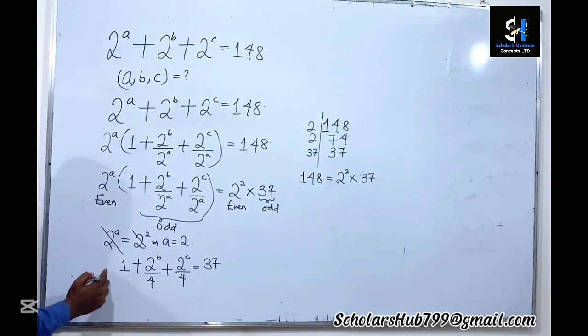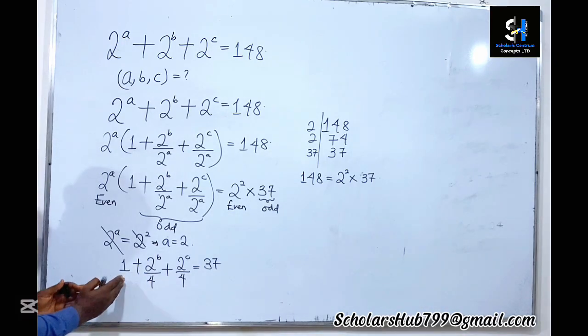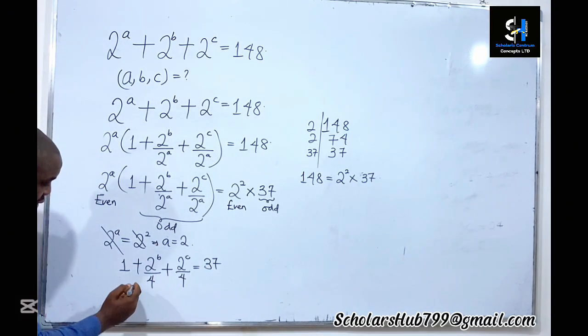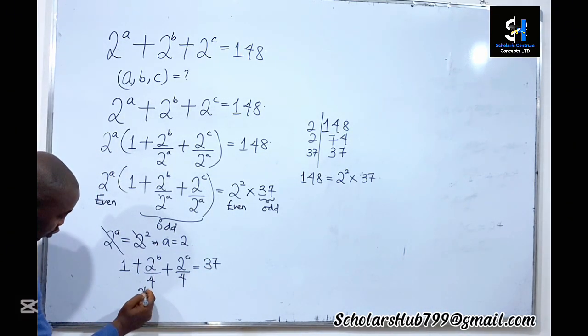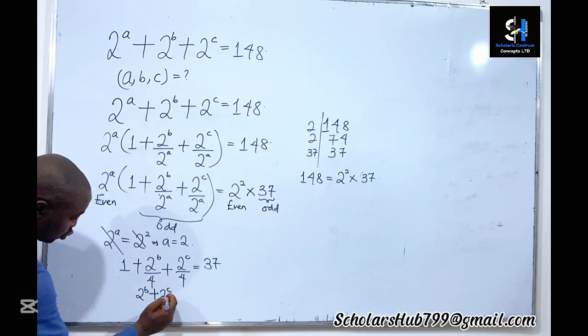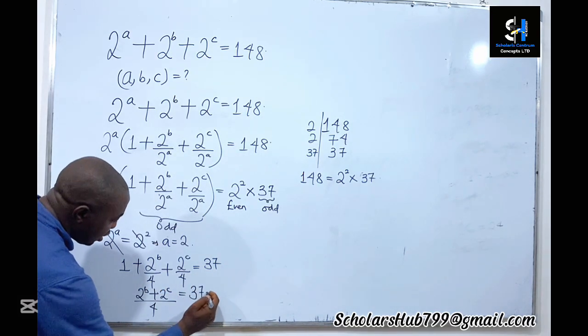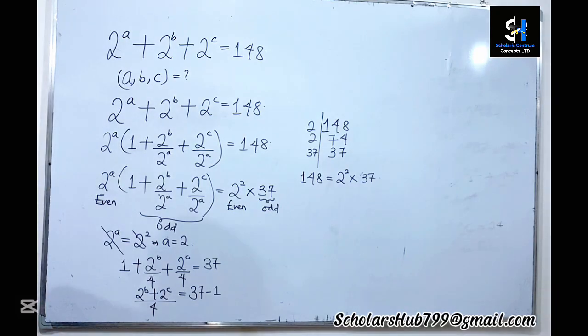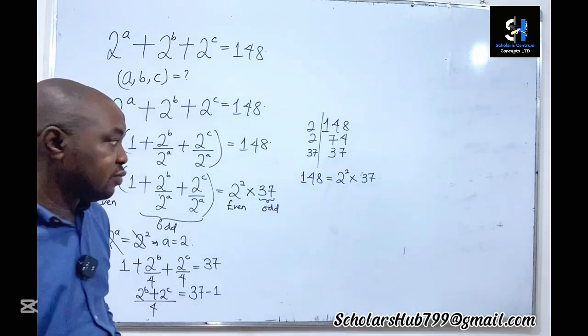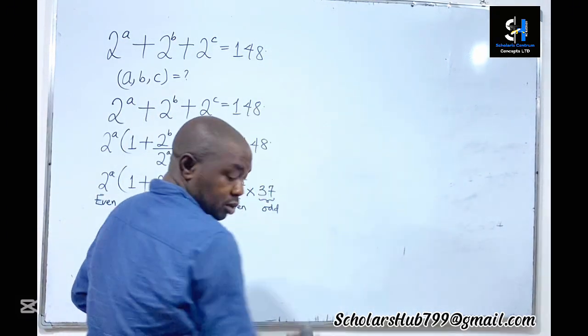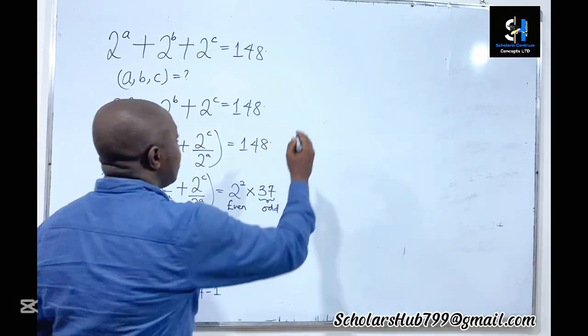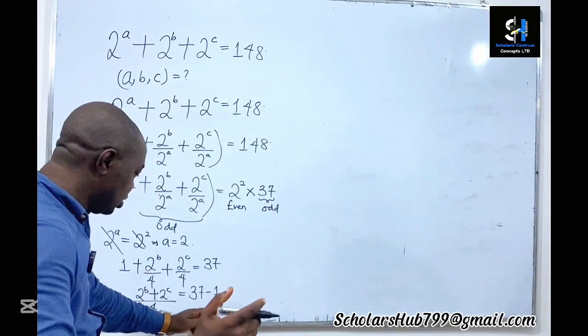Now to simplify the left hand side, I'm going to take the 1 to the right hand side, so that this will be 2 to the power of b plus 2 to the power of c over 4, common denominator, and that is equal to 37 minus 1. So 37 minus 1 is 36.